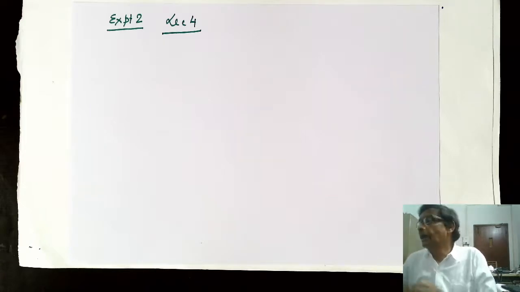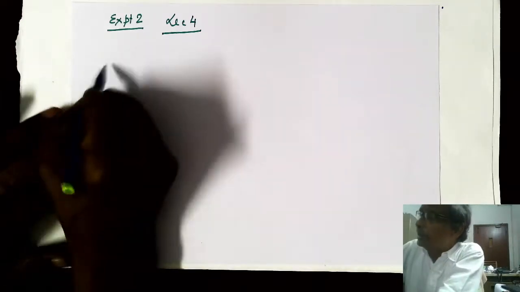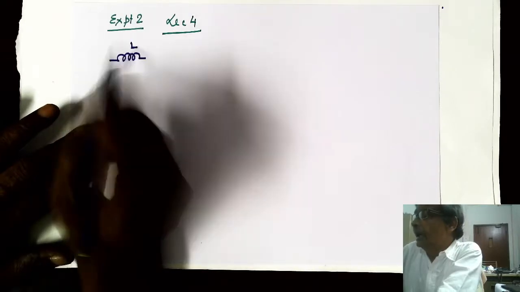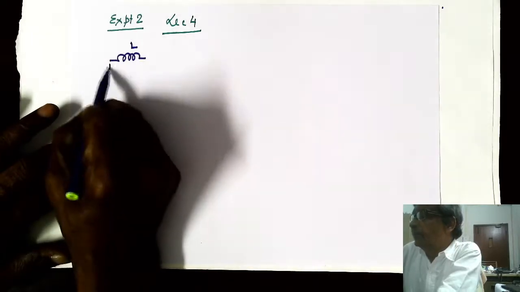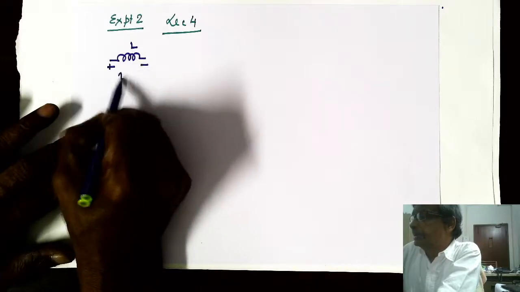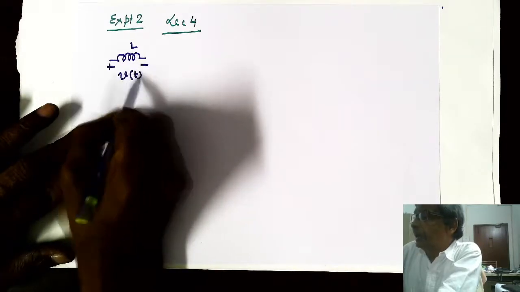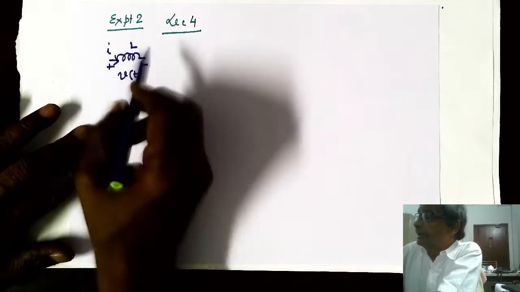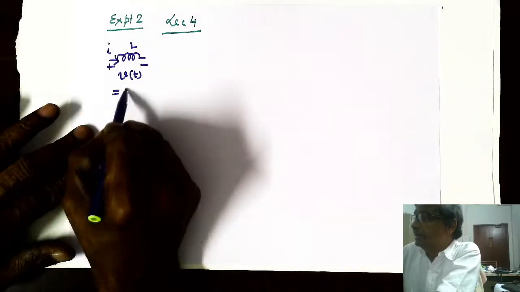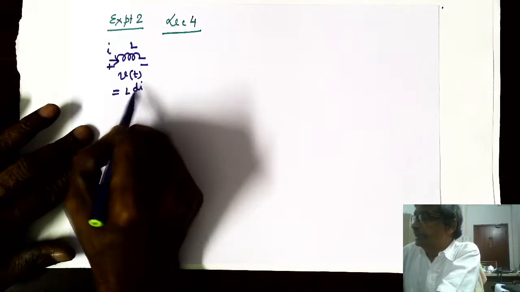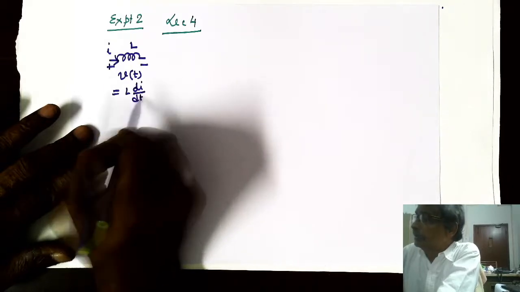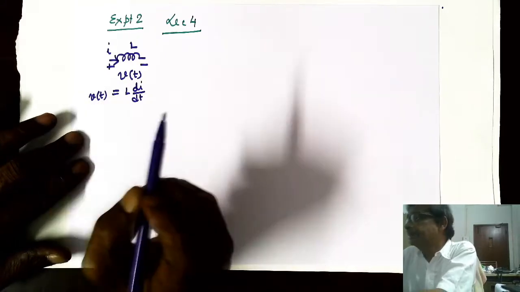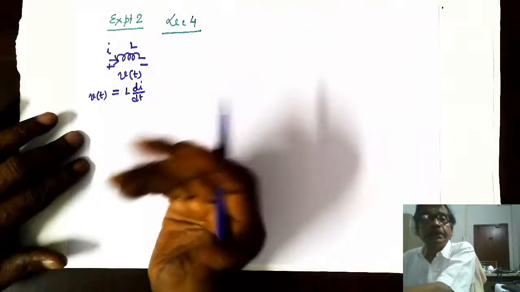Recall that for an inductor, if the voltage applied across it is this way and the current is I from left to right, then this v(t) is obviously L di/dt, the voltage drop.